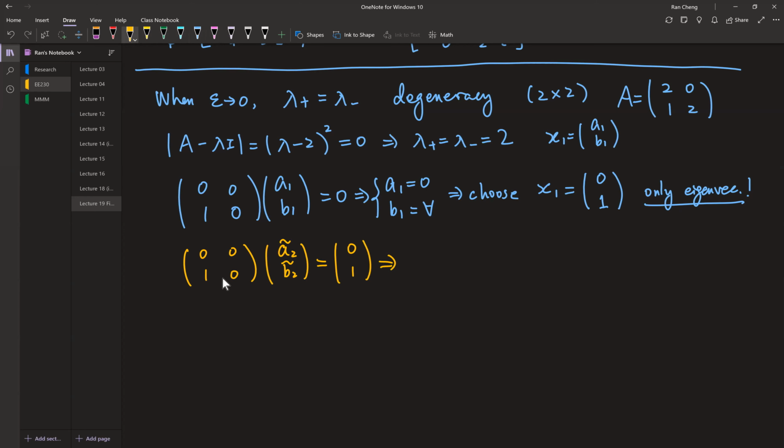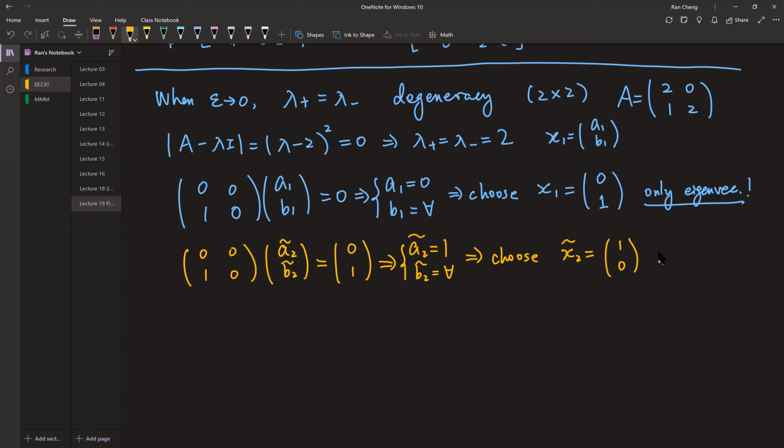So this gives us that a2 tilde equals 1. It says nothing about b2, so b2 tilde can be anything. We would like to make a simple choice, so we make b2 tilde 0. So x2 tilde, the generalized eigenvector, can be chosen as 1, 0.